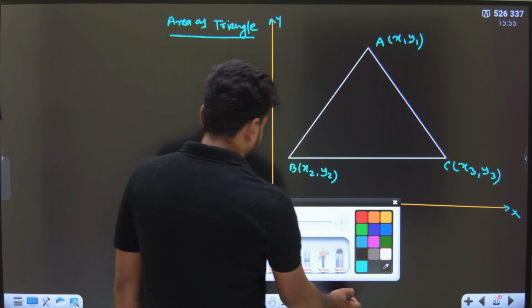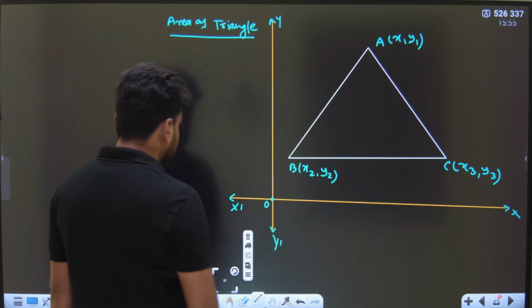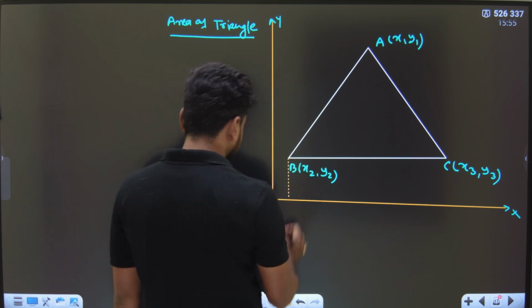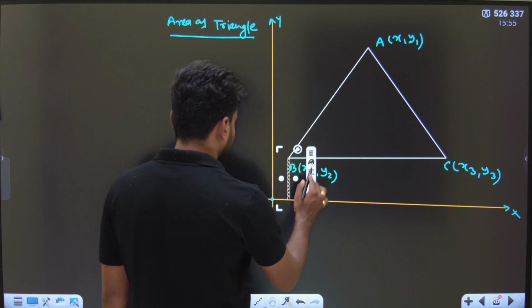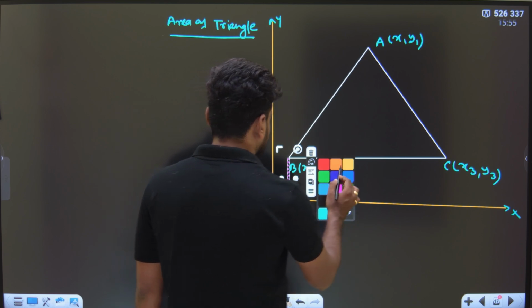For finding the area of the triangle, let us see what I will do.